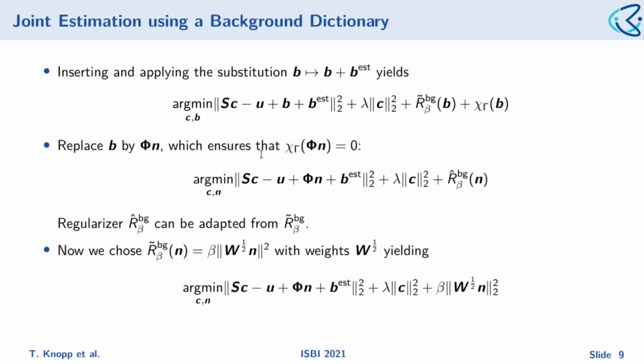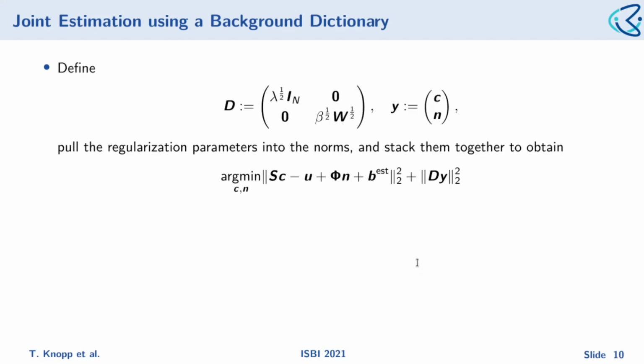On the next slide, we aim to bring this optimization problem, shown here, into standard Tikhonov form. To this end, we define the matrices D and the vector y that allows us to stack the norms together.